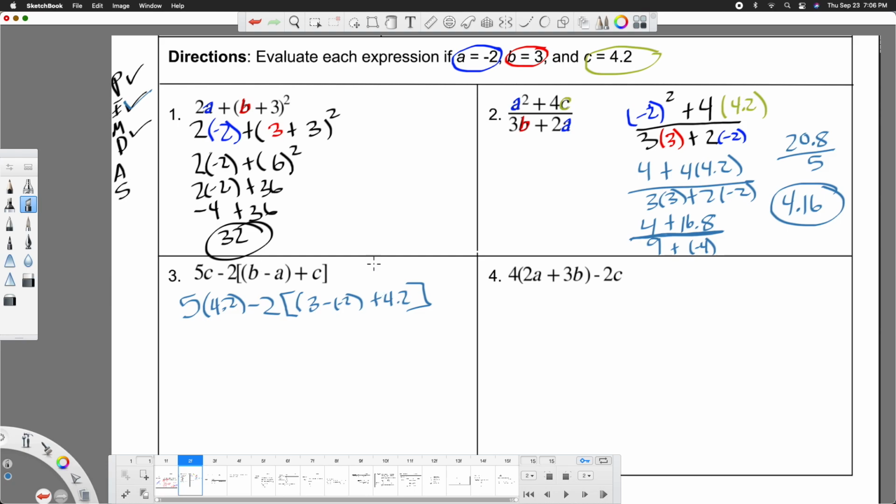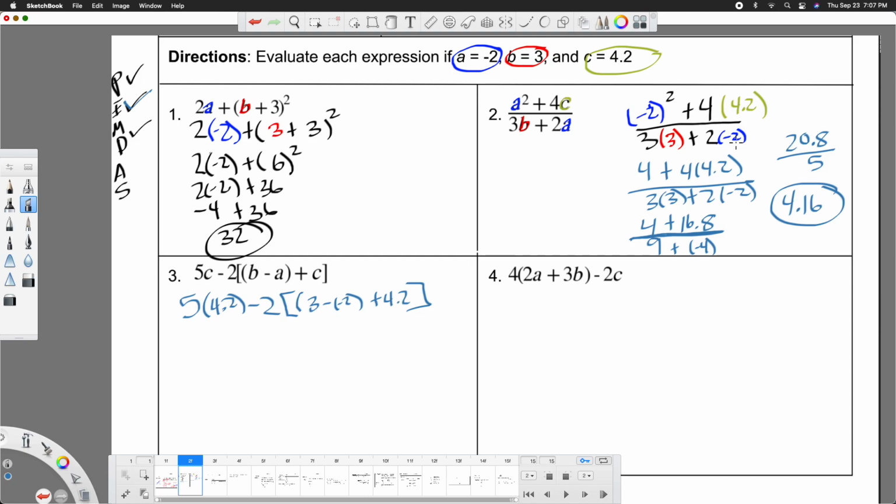But we definitely want to follow the order, but could I have gone a little out of order on this one? Could I have done the exponent and the multiplication at the same time? Yes, you can. You just want to make sure that you're paying attention to what you're doing, because you don't want to do an addition or a multiplication before you've applied the exponent.